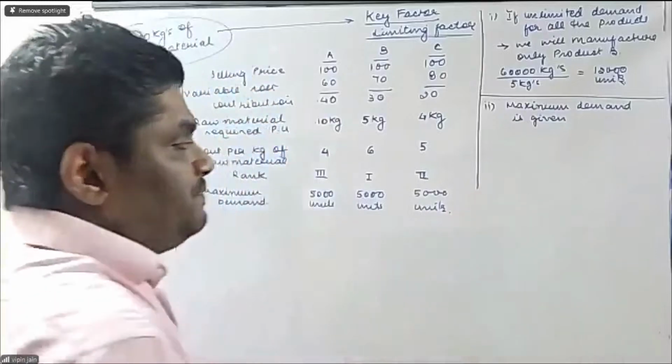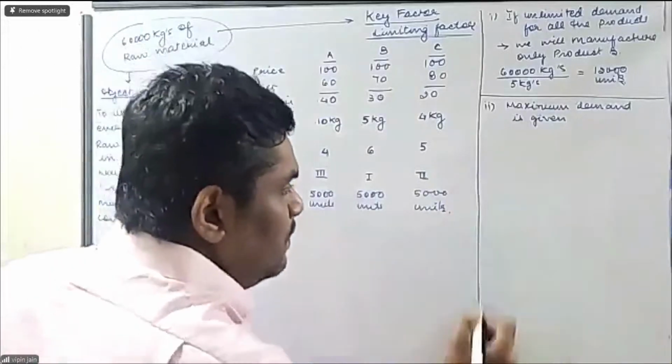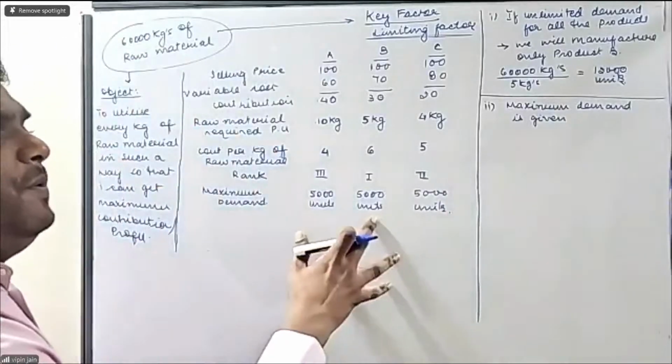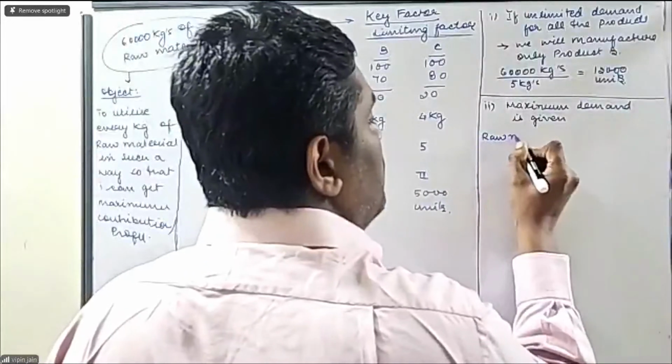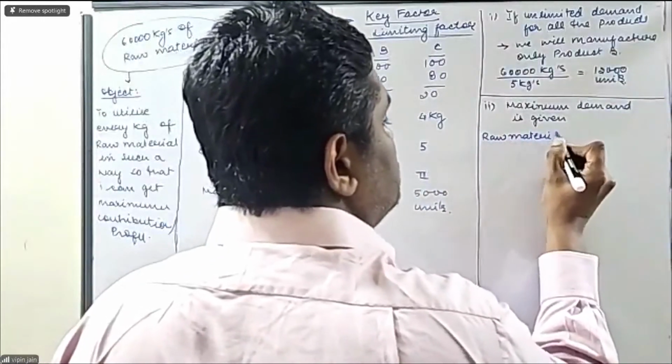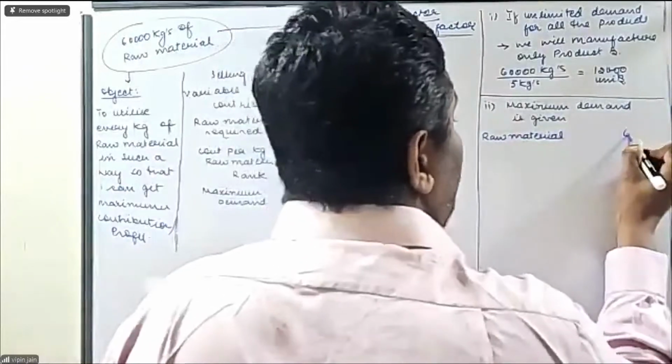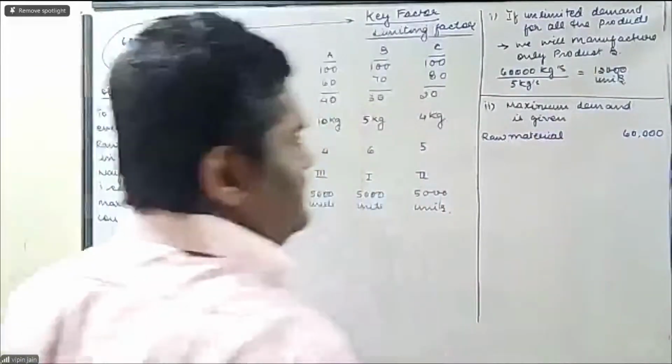So herein, the maximum demand of a product is 5,000 units. So see herein, my raw material we have is 60,000 kgs.